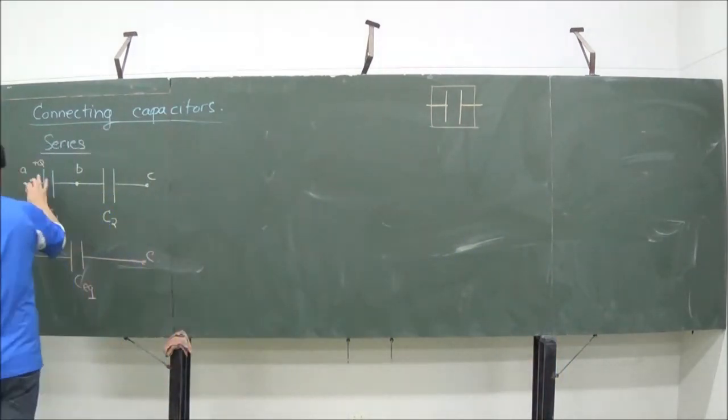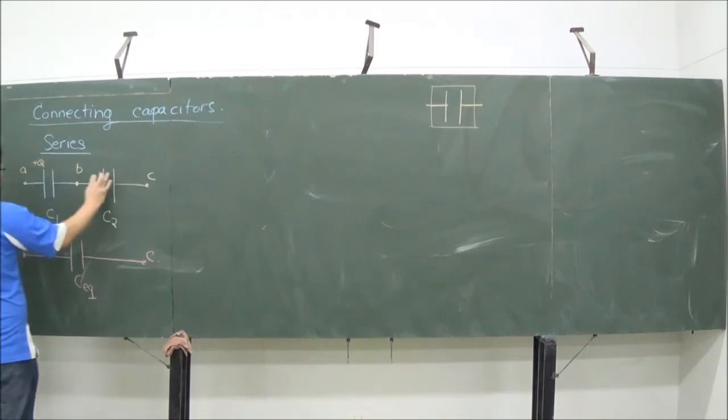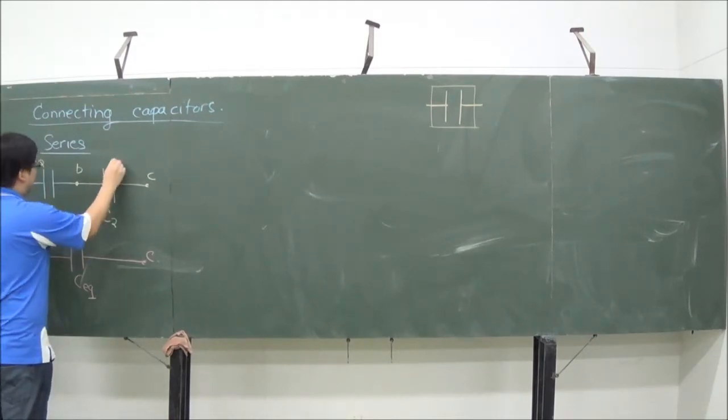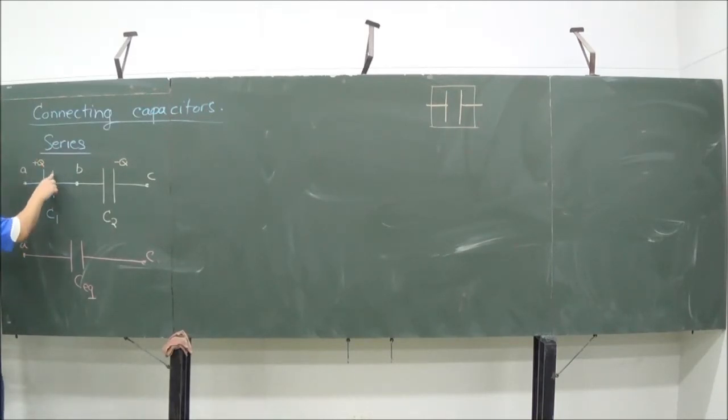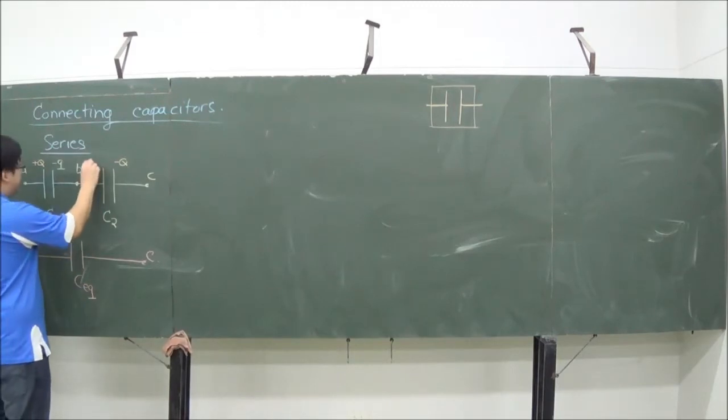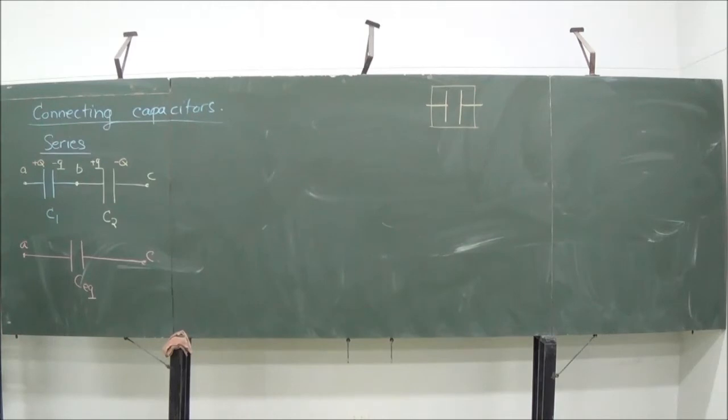So I know that if I put a charge plus Q here, it means that on this side, I must have a charge minus Q. And on this plate, I must have a charge of minus small q here, and here I must have the charge of plus small q.